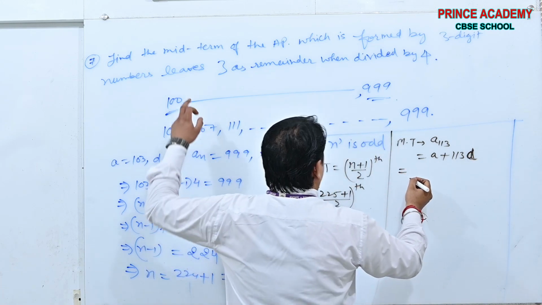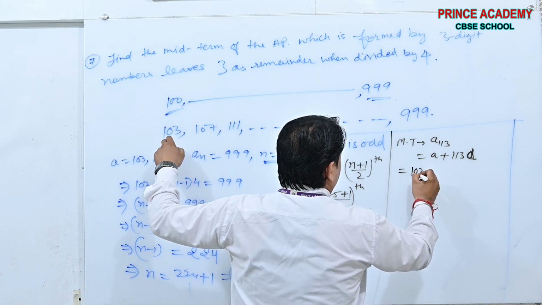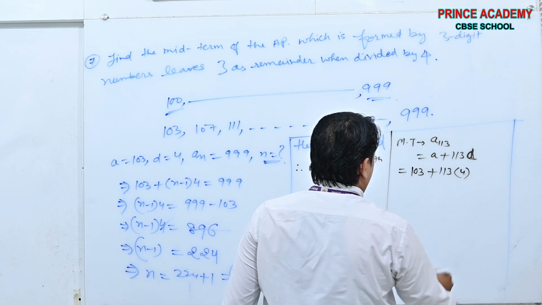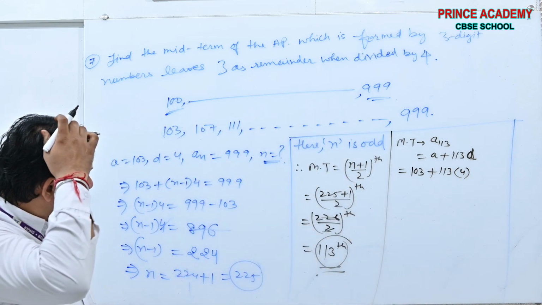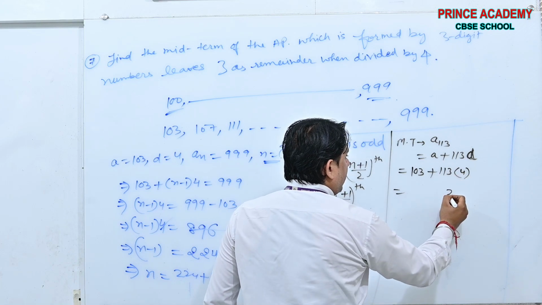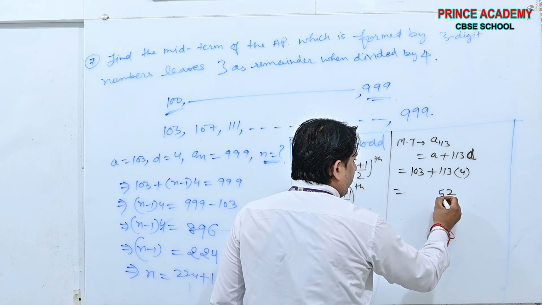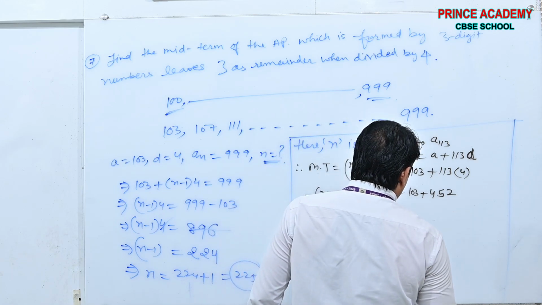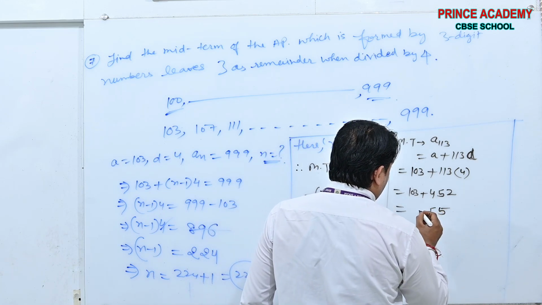Now see, a is 103, 113 into d, which is 4. Is it right? Yes, it is right. 4 3s are 12, 4 1s are 4 plus 1, 5, plus 103. Now see, what will be the answer? 555.